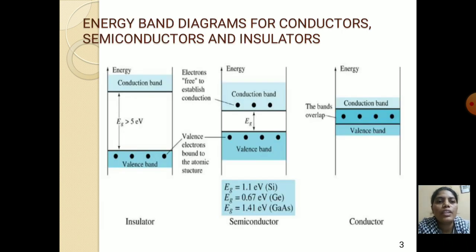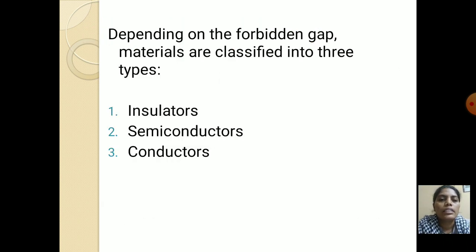In general, we know that insulators are the materials which do not allow flow of current. Semiconductors partially allow the flow of current, and conductors allow flow of current very highly. Now, depending upon forbidden gap, let us see how these materials are defined.